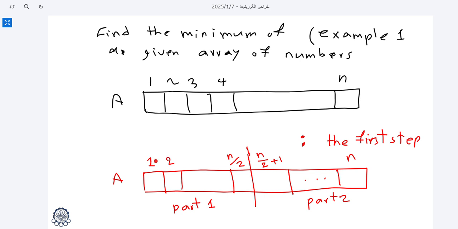So we call our algorithm, minimum func, for the first part to find its minimum, and then call the function recursively for the second part to find its minimum. Suppose the minimum of the first part is stored in variable m1, and the minimum of the second part is stored in variable m2.